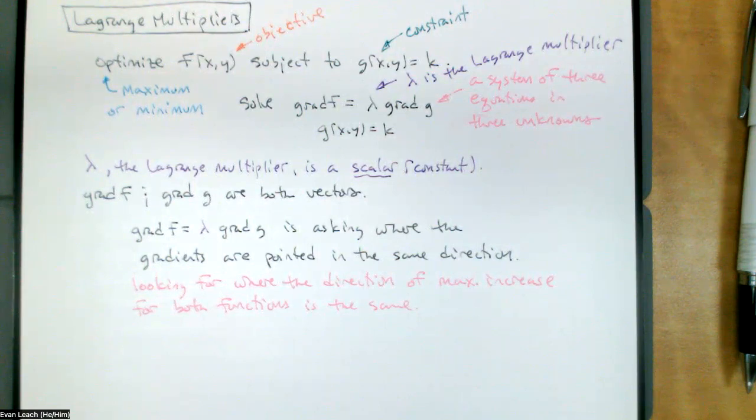We can interpret this: since the gradients are perpendicular to our contours, we're looking for where the contours are tangent to each other.